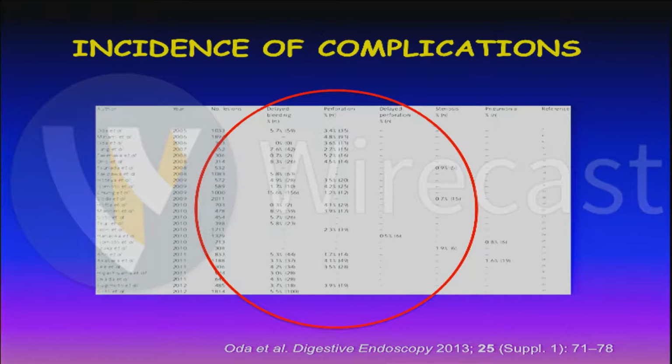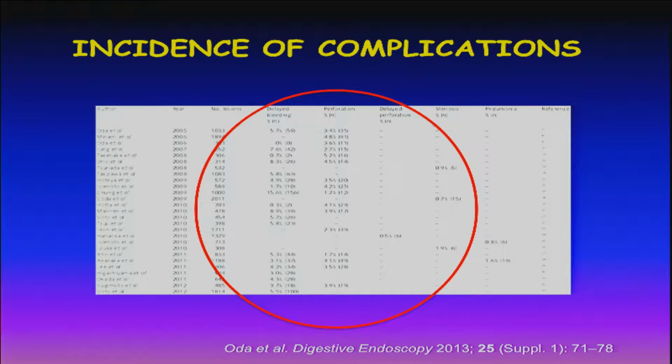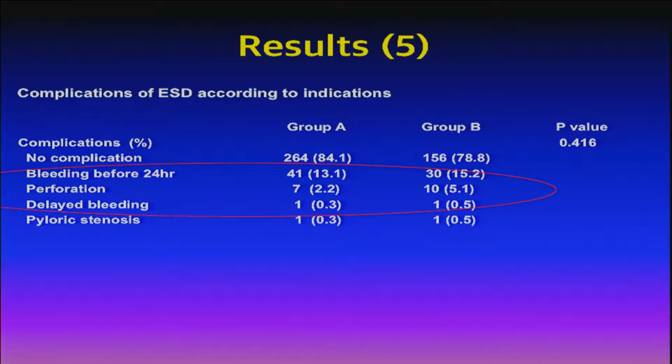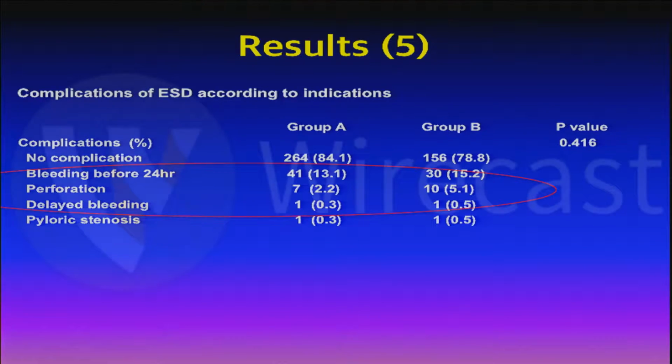Okay, the complication during or after each kinds of procedures would be inevitable. The rate of complication, this is our data. The bleeding rate is 13%.